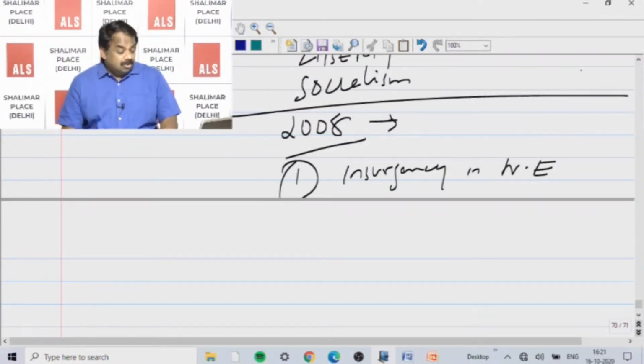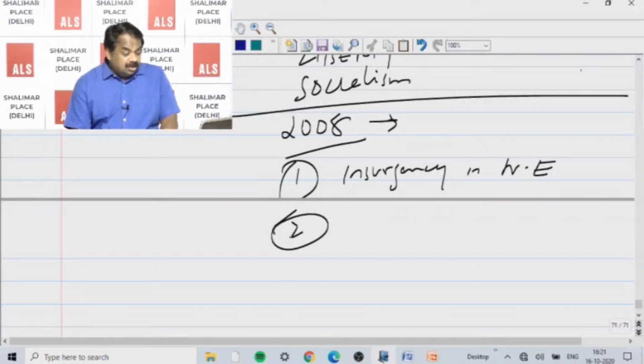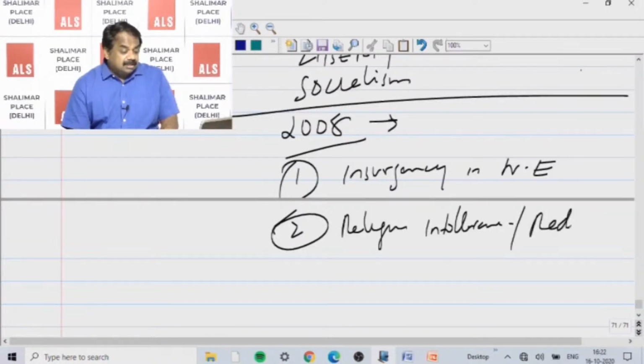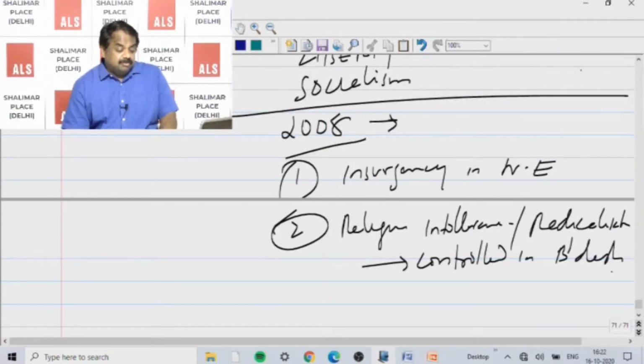And the opposite also, in Bangladesh it helped in controlling religious intolerance, or what you call radicalization, could be controlled in Bangladesh. So it is beneficial for them also.